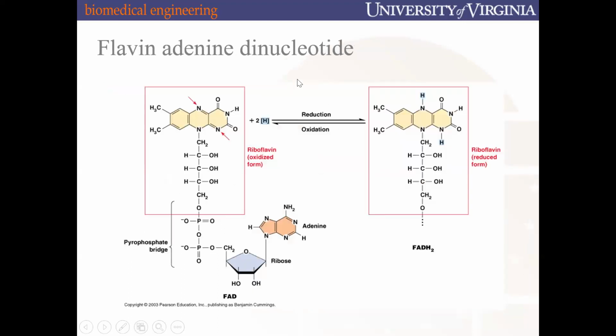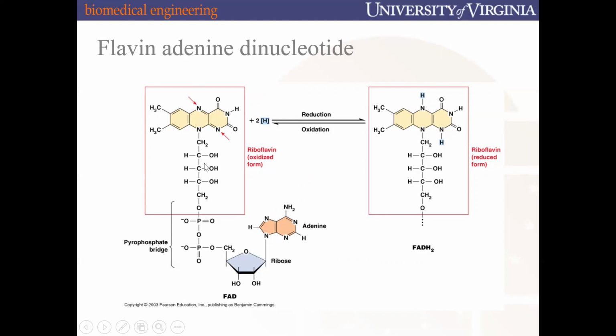As I mentioned, with succinate dehydrogenase catalyzing that reaction and giving us an FADH2, I thought it was important to talk about what the structure of this coenzyme looks like. It's similar to coenzyme A in the sense that you have this ribose sugar, as well as this adenine nitrogenous base and the pyrophosphate bridge.